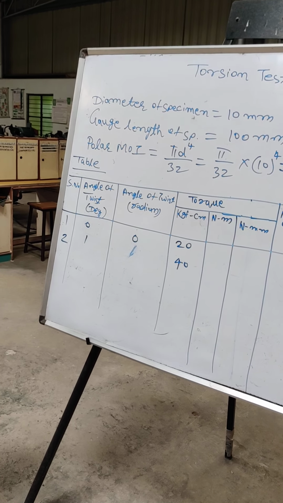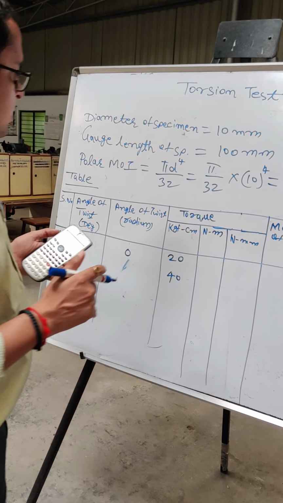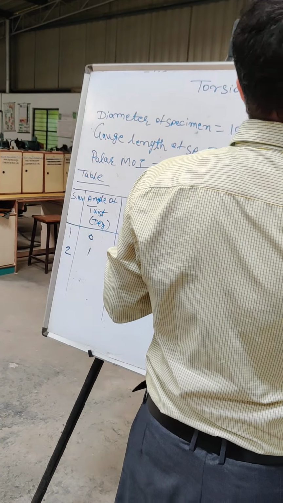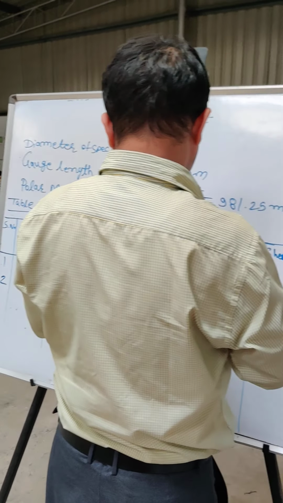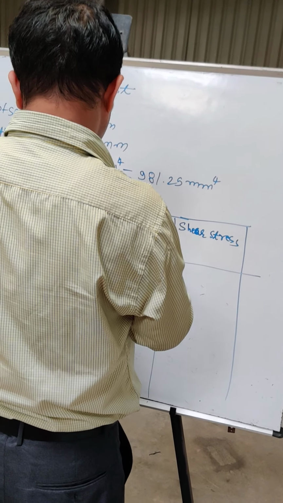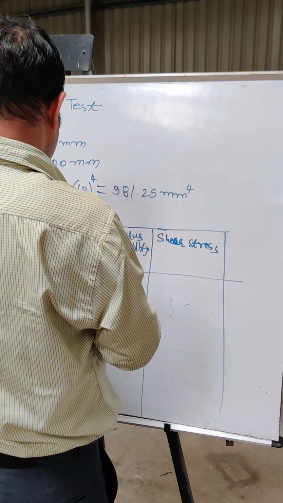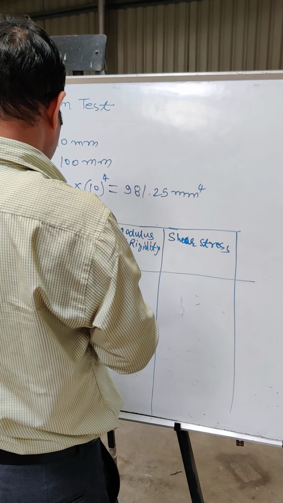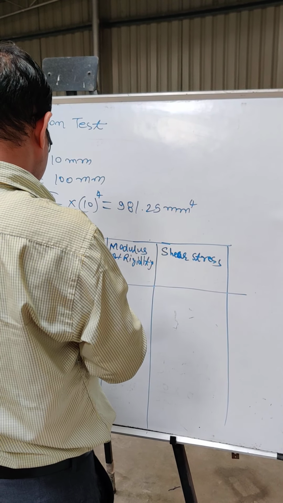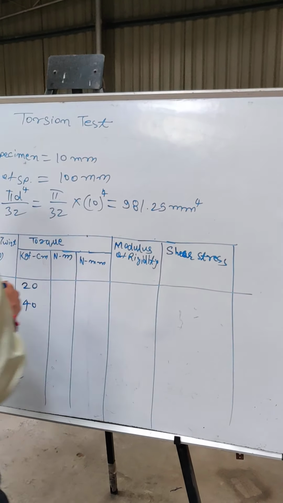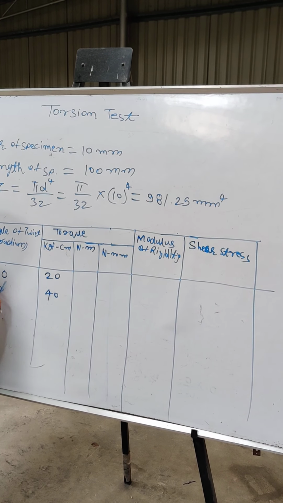So how to convert into radian? 1 into pi by 180, so that is 0.017 radian.